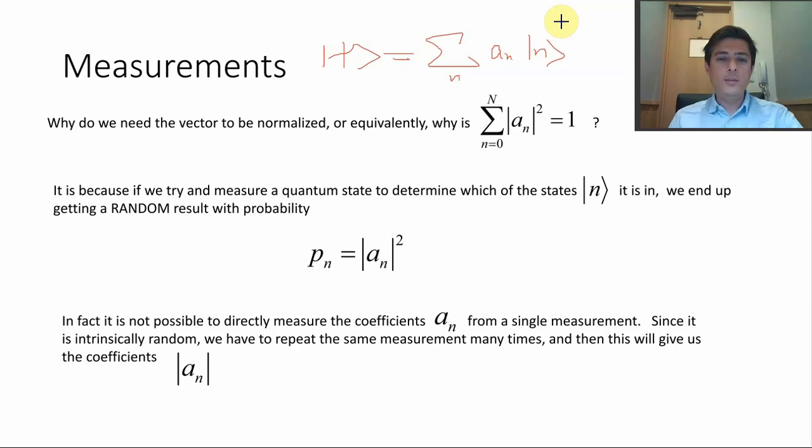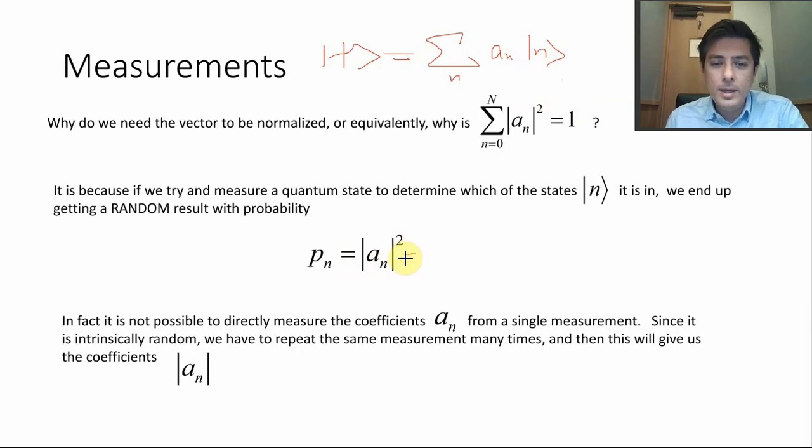Then basically what happens in quantum mechanics is that you get the result of each of these states completely randomly, and you get it with probability equal to the coefficient's absolute value squared.